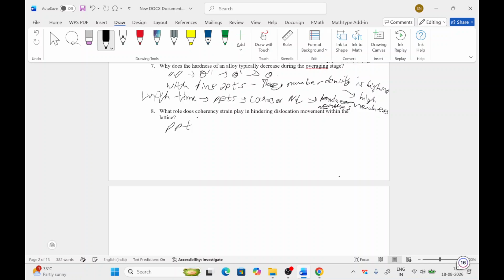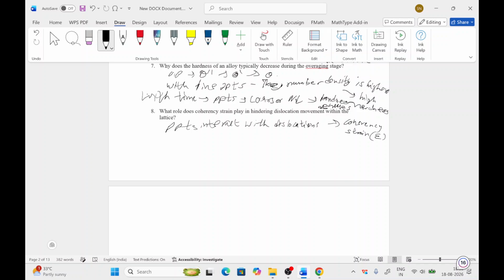The precipitate interacts with dislocation, and that interaction results in some coherency strain, written as epsilon.